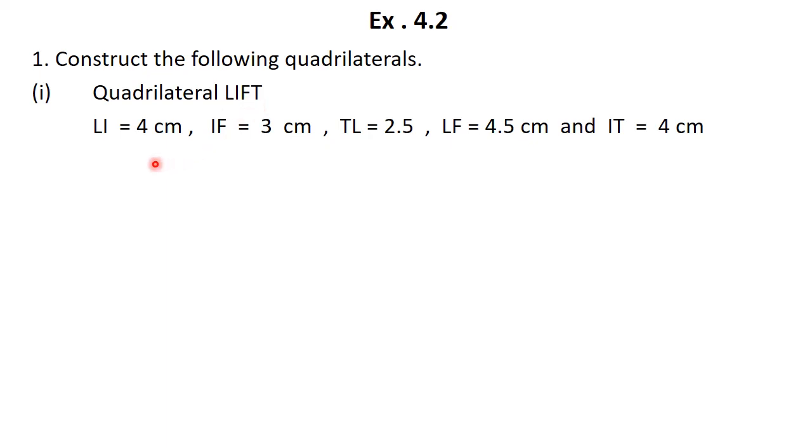And in this quadrilateral, the length of LI should be 4 cm, length of IF should be 3 cm, length of TL should be 2.5 cm, length of LF should be 4.5 cm, and length of IT should be 4 cm. So the first thing that we have to do here also is we need to draw the rough sketch of the quadrilateral.